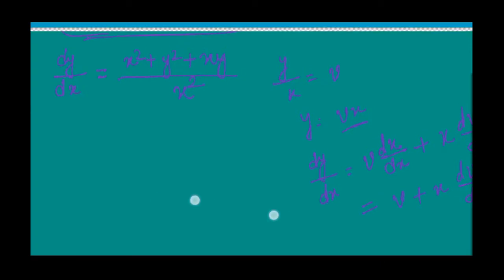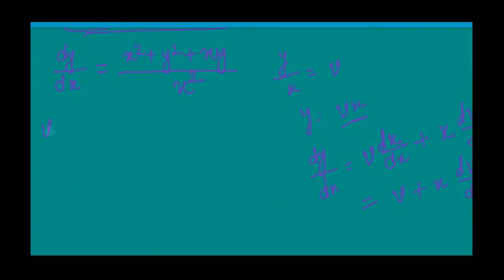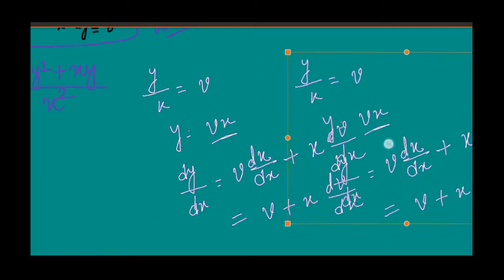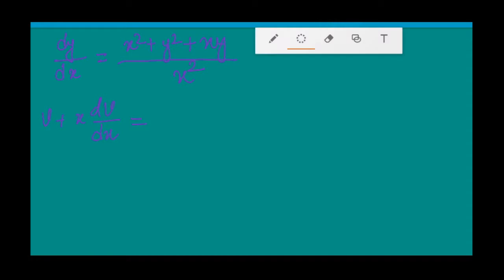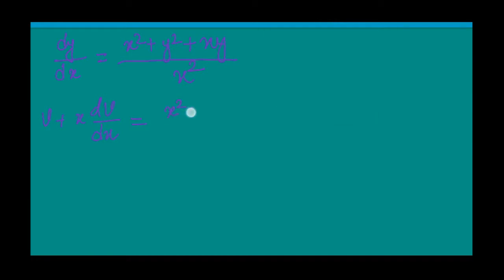So we have to put this value here: v plus x dv by dx is equal to, I have to put this on the other side, x square plus v square x square, since y is vx, so v square x square plus x into vx, by x square.